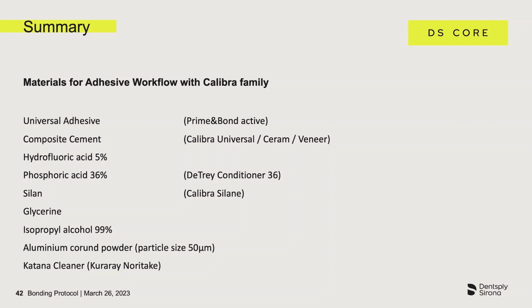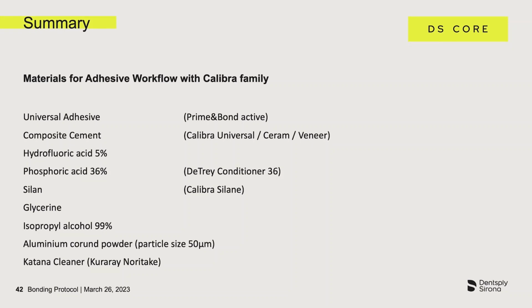And the composite cement in this case is Calibra Universal, Calibra Ceram, or Calibra Veneer. We need hydrofluoric acid for silicate ceramics, phosphoric acid for silicate ceramic and tooth, and silan to make the adhesive bond to the material. Glycerine gel is needed, alcohol is needed, aluminium corundum is needed, and Katana Cleaner.